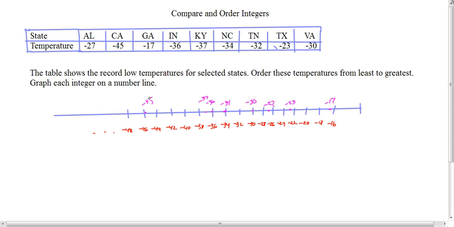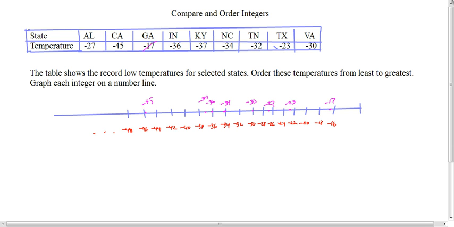Okay, so I have 1 2 3 4 5 6 7 8, and I am missing, what am I missing? Okay, so a good way to do it is cross them out. I see Georgia, -17.